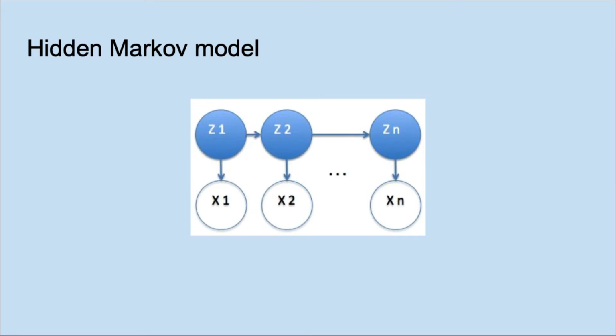In a Markov model, we know the transition probabilities between states. But what if we want to model a situation where we don't know those probabilities? We can do that with a hidden Markov model. The hidden Markov model has various states that we can observe. These are the x's.